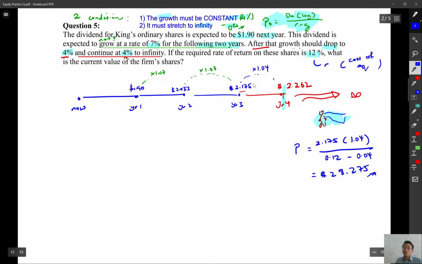Now, which year is it at? This is extremely important. It is valued at 28.275, but which year is it at?